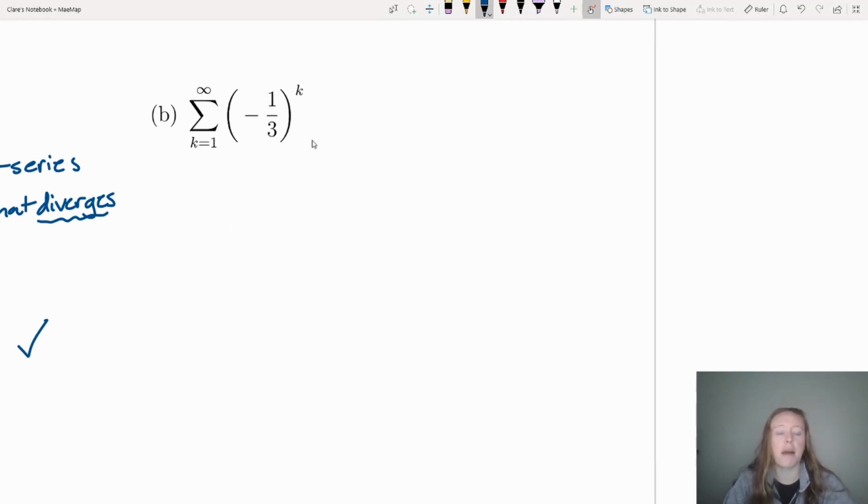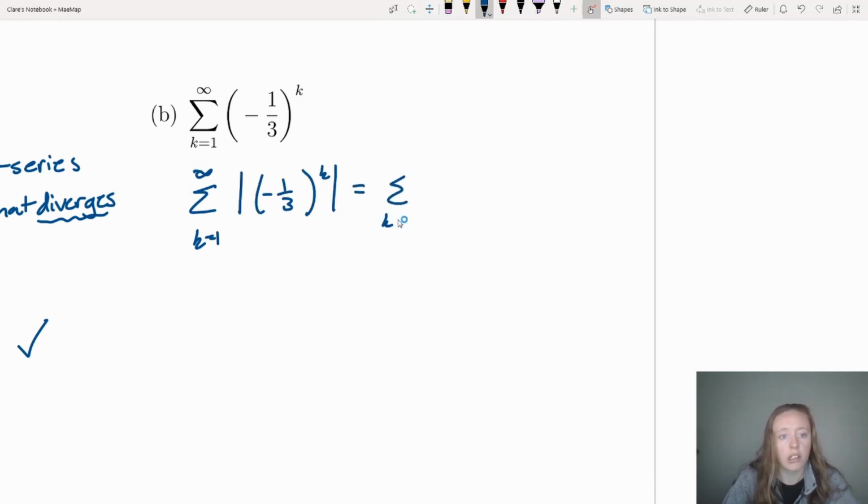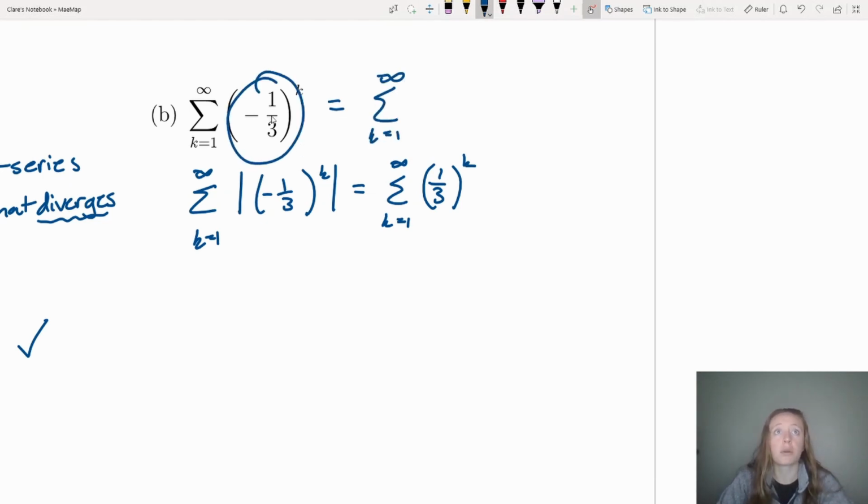If I was to take the absolute value of this series in B, I would get a series where k goes from 1 to infinity of 1/3 to the k. And if you're confused on how I went from here to here, we could essentially rewrite this series because I can pull out a negative 1 from this, so this would be negative 1 to the k times 1/3 to the k.